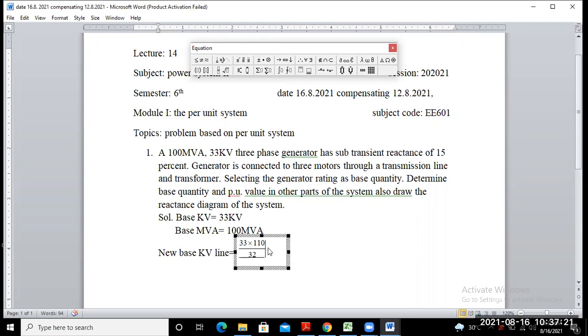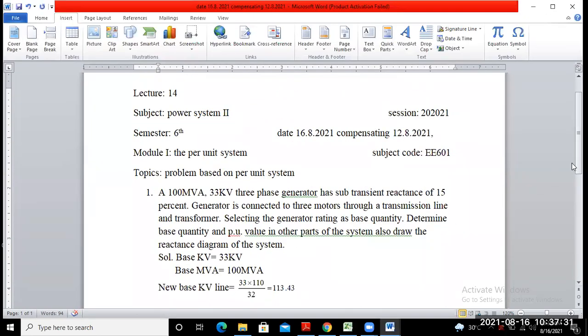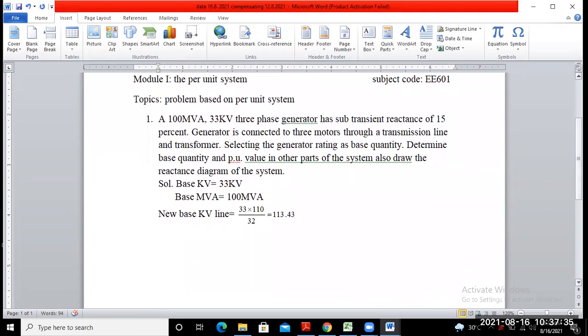You solve this equation, then you will get almost 113.43 kilovolt.